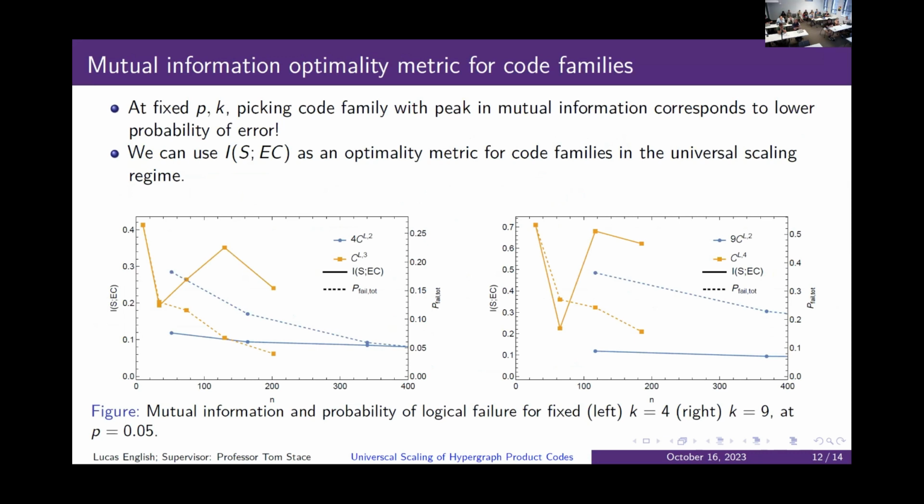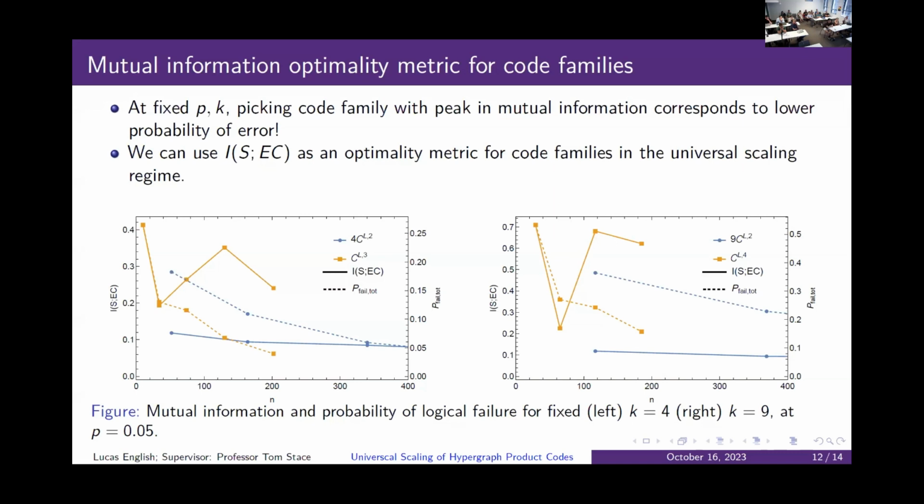And what we found is that, so the solid line is the mutual information, and that goes to the left axis, where the x-axis is your actual number of physical qubits, n, and the right axis is your probability of failure. So that's what's the probability that your error correcting code has actually failed at correcting the error? What we found is that at fixed bit flip probabilities and fixed logical qubits, picking the code family that had the highest mutual information actually corresponds to lowering the probability of error.